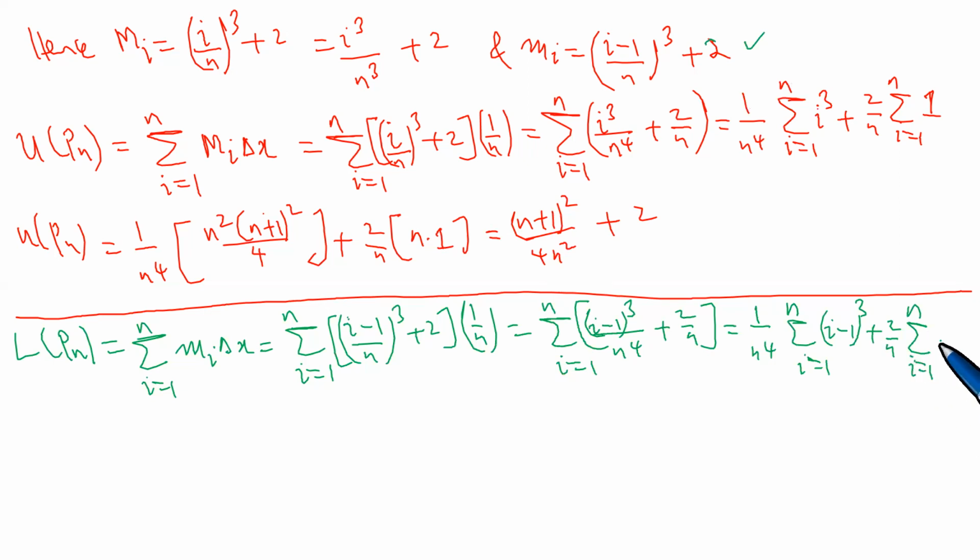Okay, now we have this, but we have a little bit of work to do. You have 1 over n to the fourth power.